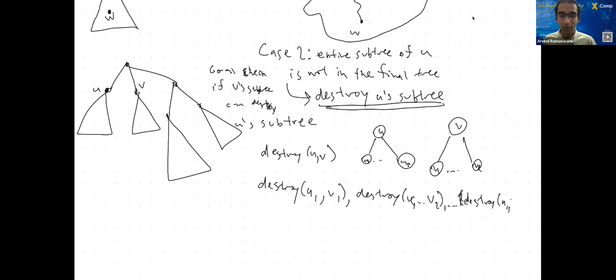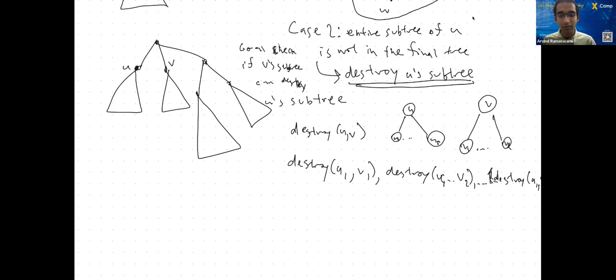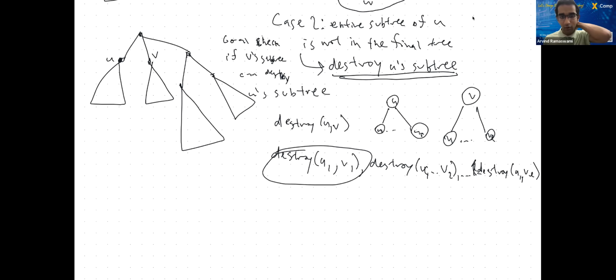And notice that each of these states gets visited only by one parent state, O of UV.